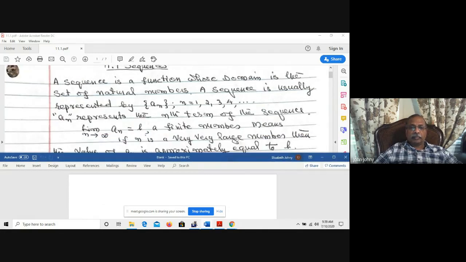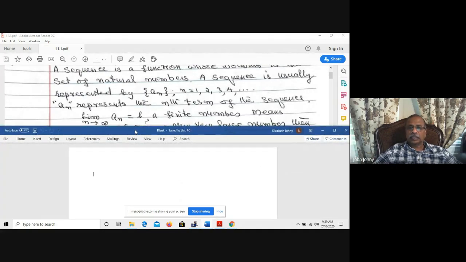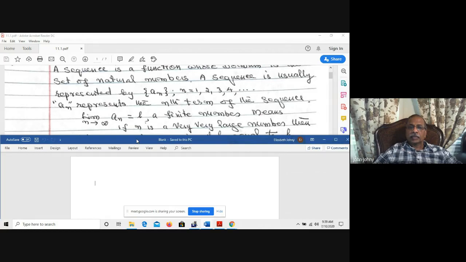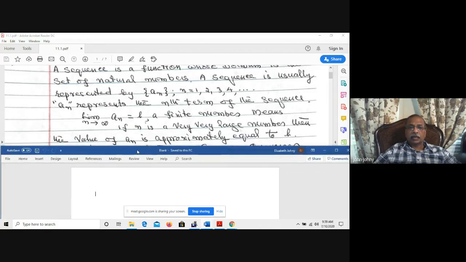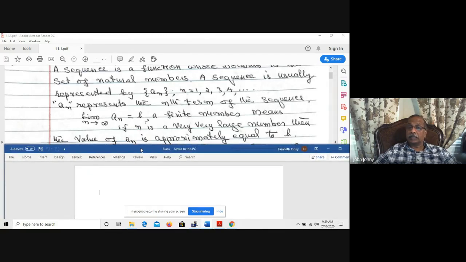The limit as n approaches infinity of an is equal to L, a finite number, means that if n is a very, very large number, then the value of an is approximately equal to L. This is not the mathematical definition.